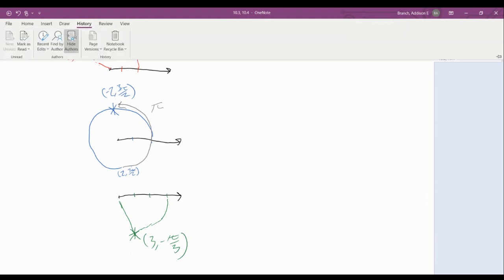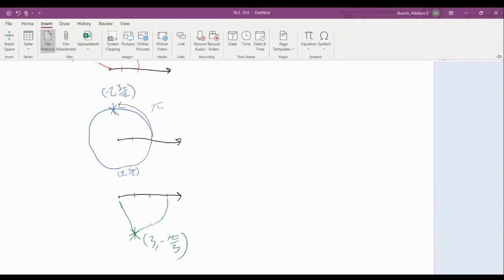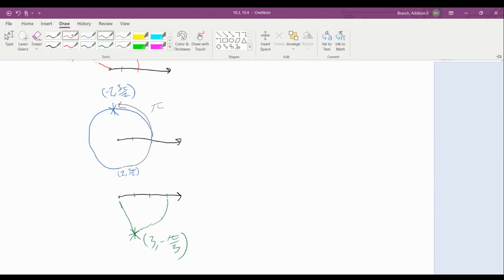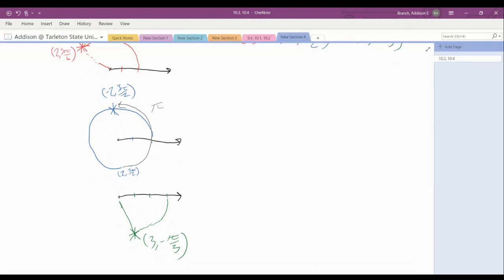So whenever we're talking about polar, it's important to remember that we have multiple representations. If we have the point (r, θ), you can find equivalent points, because you'll end up in the same point in space.